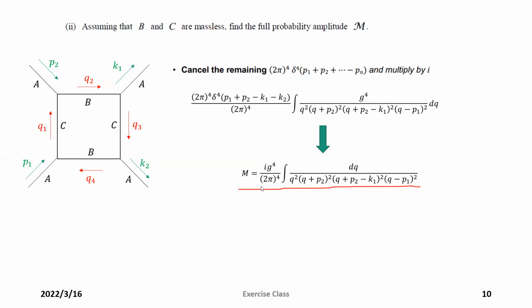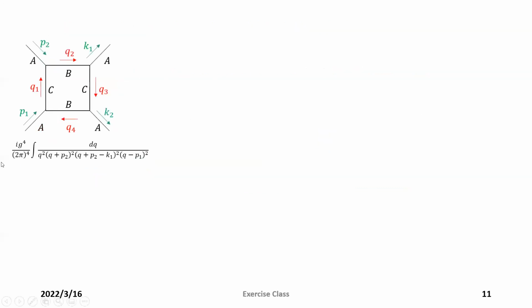But this is just one diagram. And in the previous question, we have found 6 diagrams. So we have to calculate the amplitude for all of them and then add them up. So for this diagram, we have this amplitude.